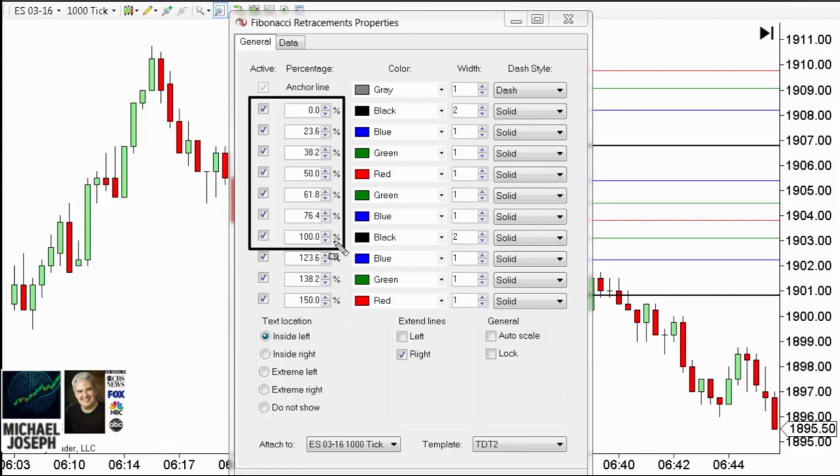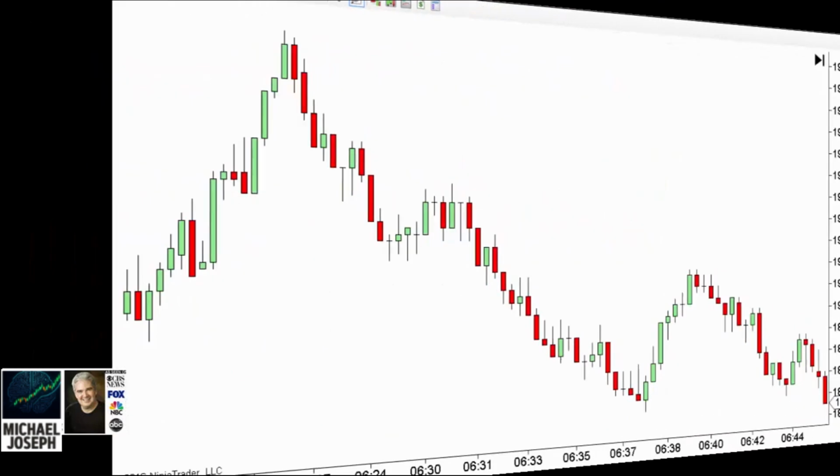So we've got 0%, it doesn't retrace at all, 23.6, 38.2, 50, 61.8, 76.4, and 100. You can write those down or import them into your own charting platform, and I'll show you what it looks like in just a moment.